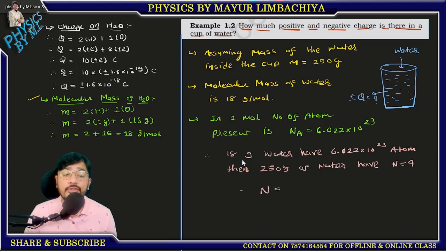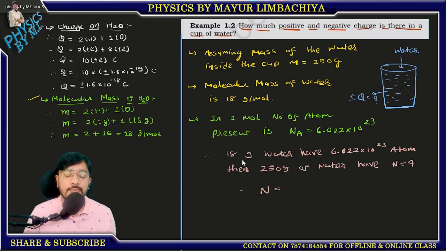Based on the rule of 3, dear students, I can find the number of atoms present inside this 250 gram of water. You get the point? So please be careful, because this is a game of numbers and you have to play with it. Be careful while playing with it, because if you make a mistake, your entire problem will go wrong.